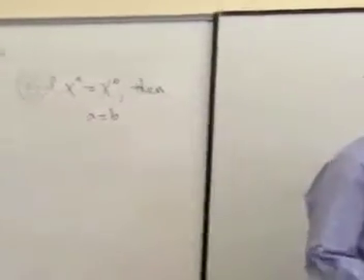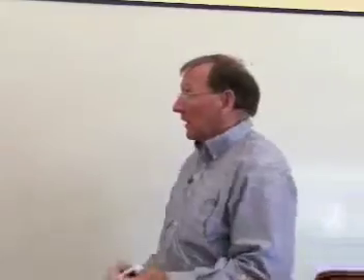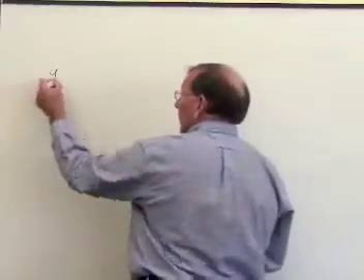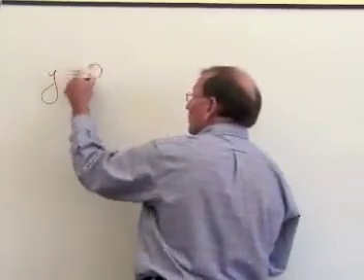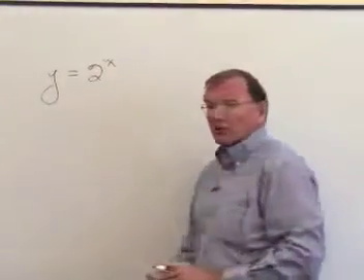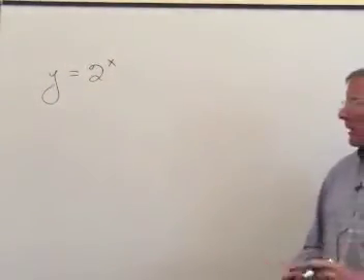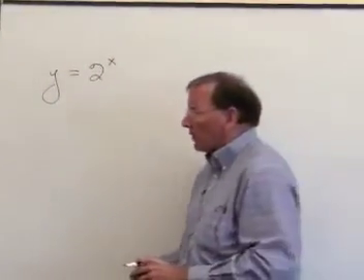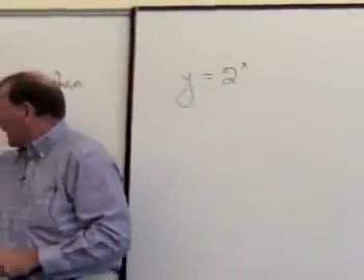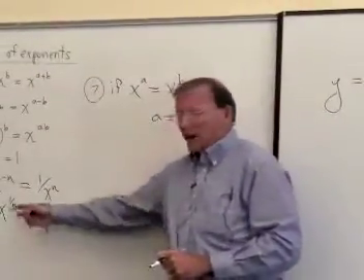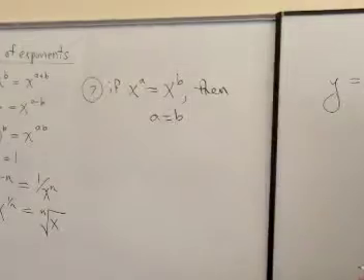After that quick review of exponents, we then started doing exponential graphs. For example, we started to look at what 2 to the x looks like as a function. And we did this by plotting points because we now know how to deal with negative powers or fractional powers of the number 2.